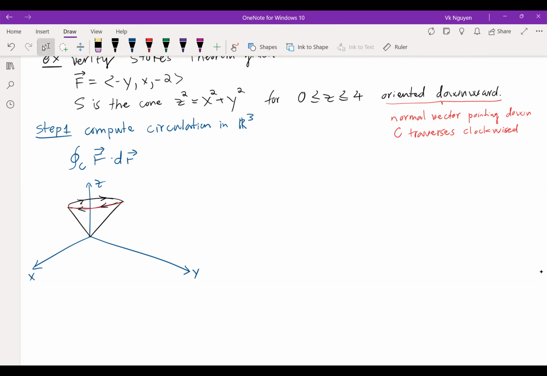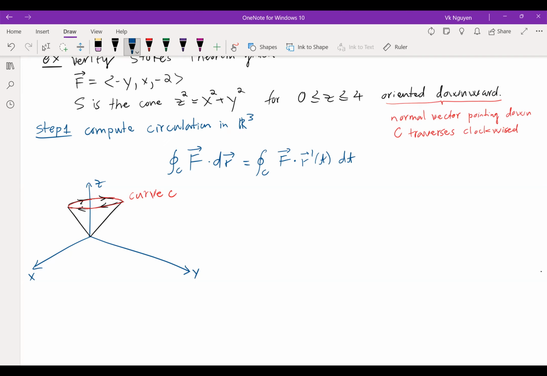You cannot draw the curve C everywhere on the surface; S is on the top. There's the curve C. The integral of F dot r prime of t dt.